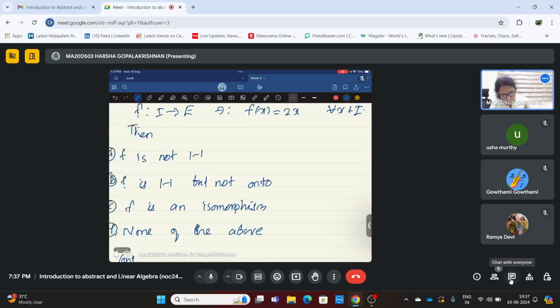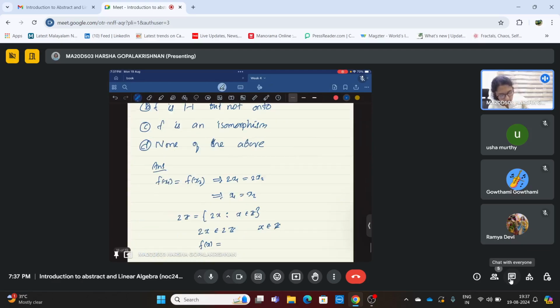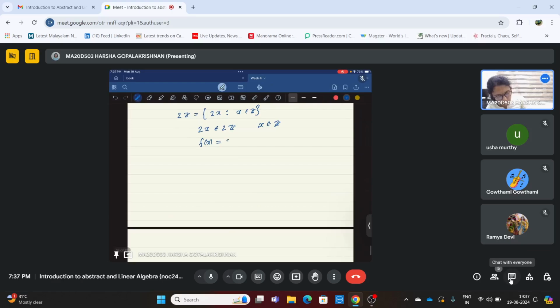So here we have an x, and that x will map to f of x equal to 2x, the chosen element. If I take any element from 2Z, I have half of the element, x, which is from Z, mapping to this 2x. So it is an onto map also.